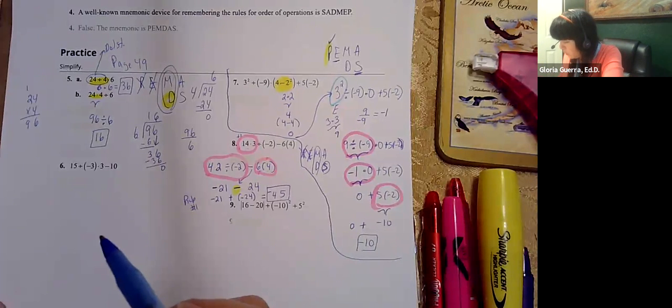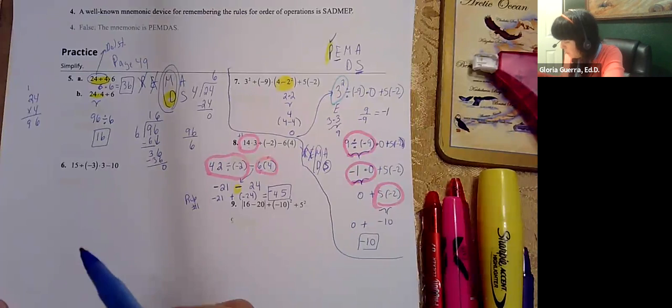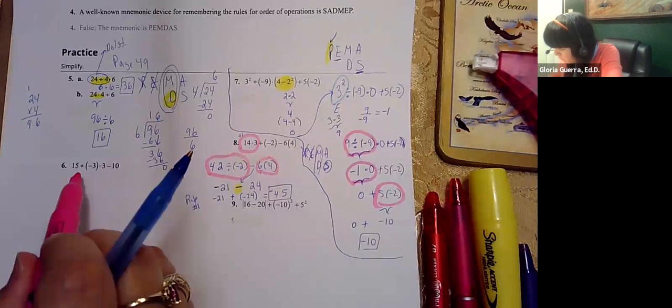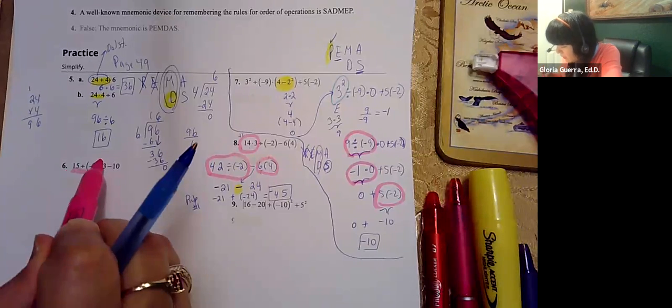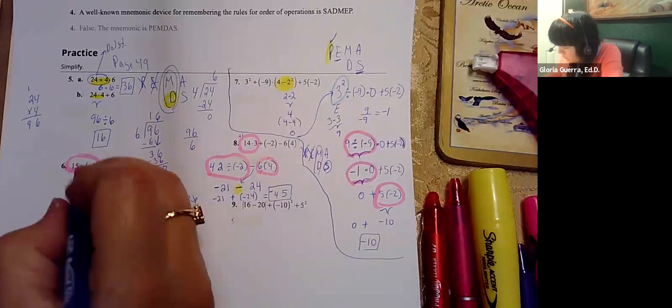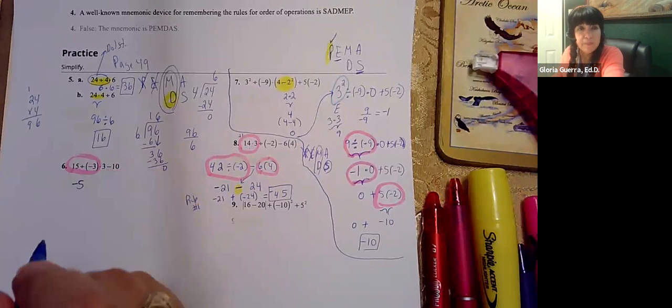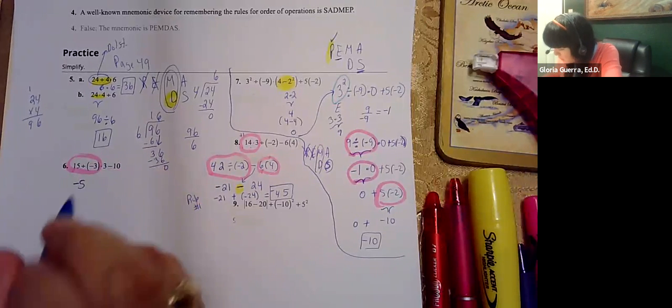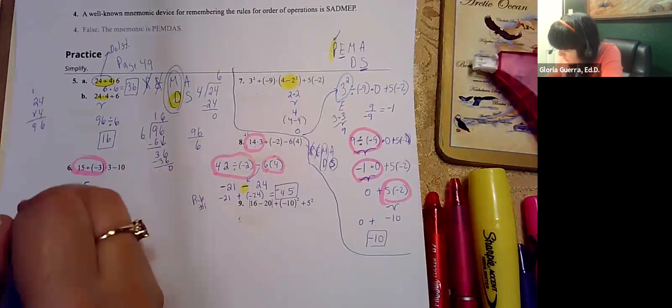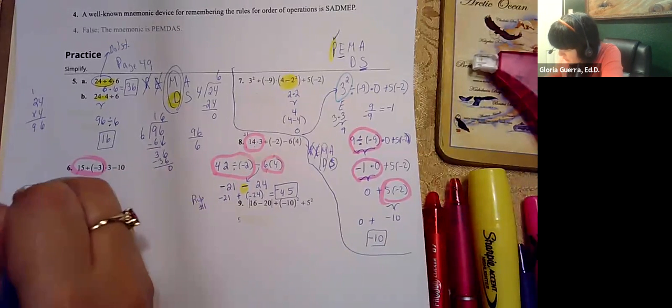We would do multiplying and dividing from left to right because we don't have any P and we don't have any E. So you're gonna start with 15 divided by -3, and that's gonna give you a -5. Okay. And then that's going to be -5 because 15 divided by 3, that goes into that 5 times.